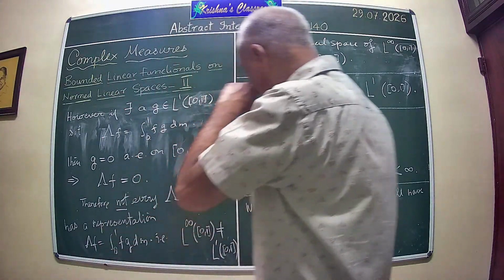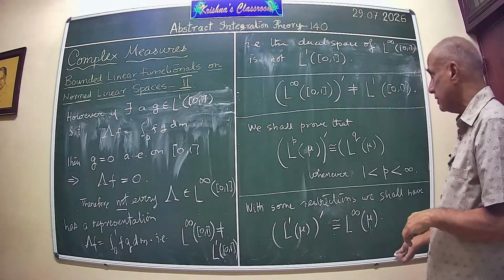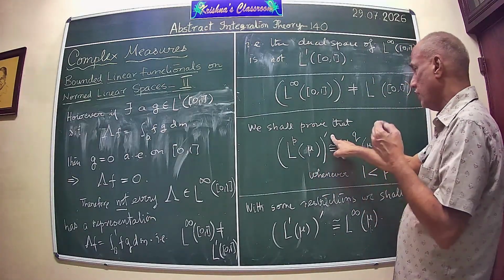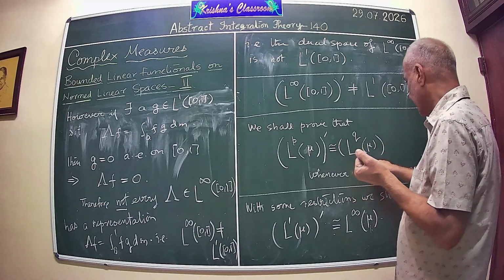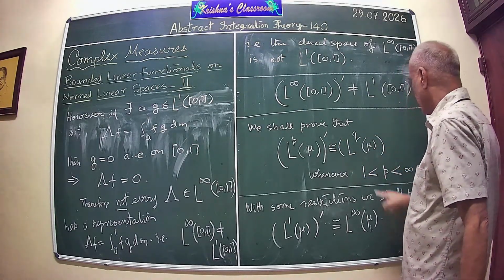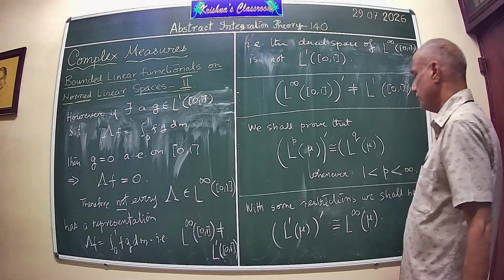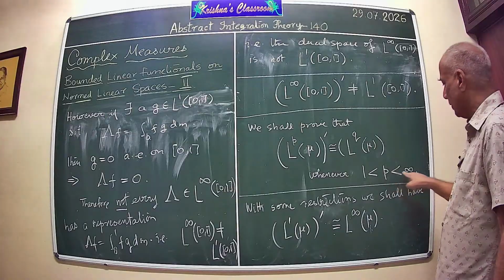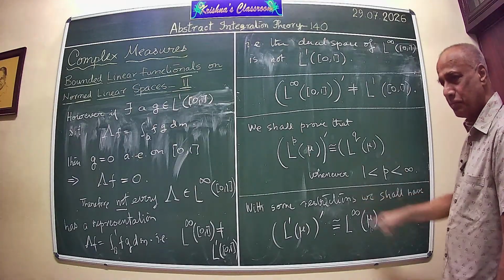Okay. So the major question that we are asking is: is the dual of L^p(mu) the same as L^q(mu)? In general, it is true whenever 1 < p < infinity. But when p is equal to 1 or p equal to infinity, there are some problems.